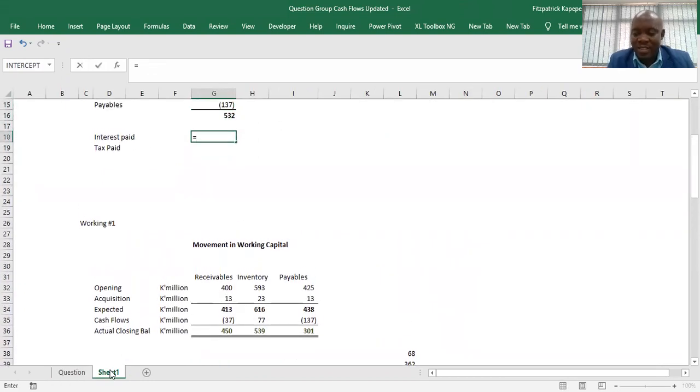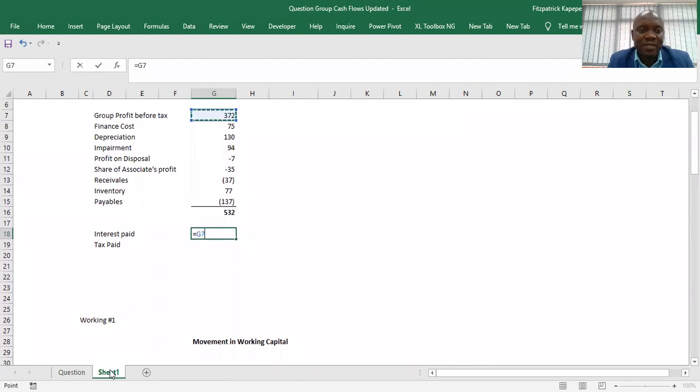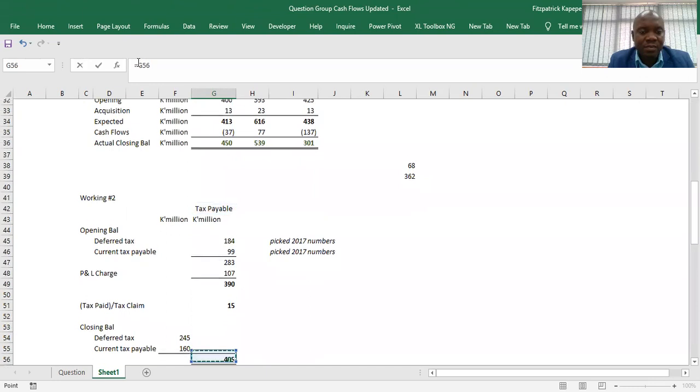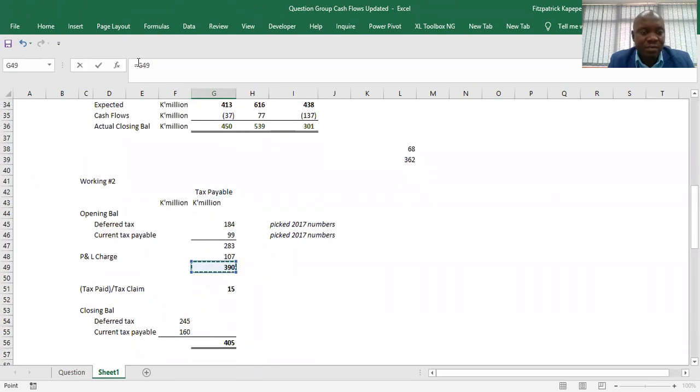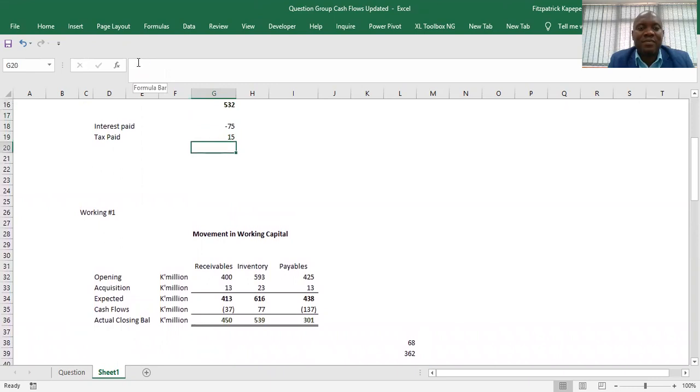So we'll pick it from here. No big hassle, but it has to be negative now. Tax paid. So there was a claim, which is an addition. So I'll say net operating cash flows.